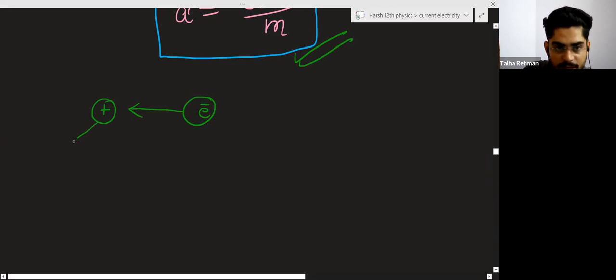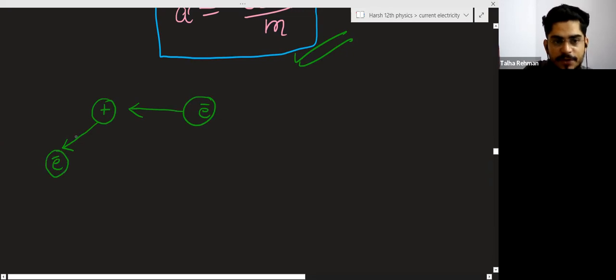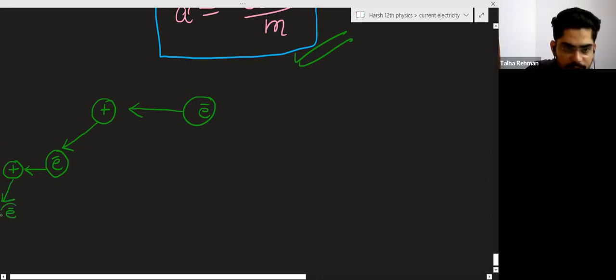After the collision, there is a change in the momentum of the electron, and the electron will go in this direction. After this, it may go in another direction, and again it will collide with some ion and move in another direction. So the electron moves towards the positive terminal of the conductor, and also keeps colliding with the positively charged ions.